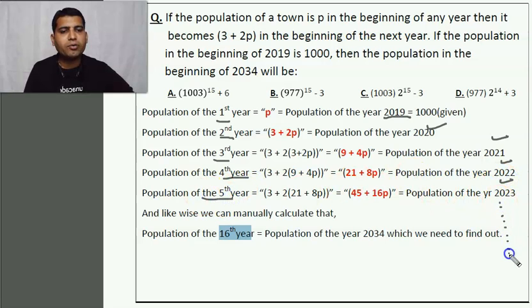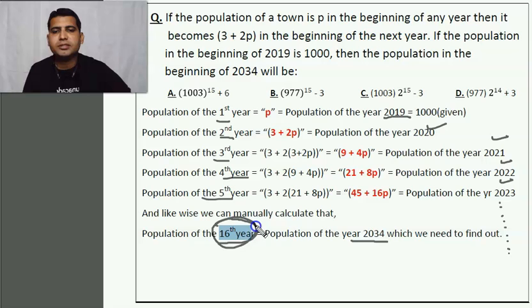If you manually count on your fingers, you will get that year 2034 will be the 16th year. And this is a very important and remarkable point we have to remember. The year 2034 will be the 16th year as per our solution.